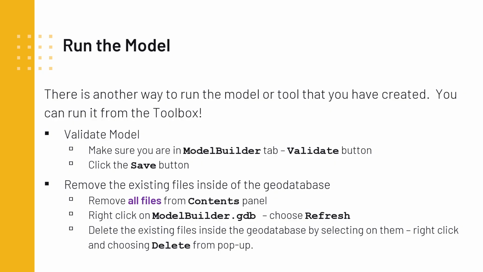Then delete those existing files inside of the geodatabase by selecting them, right-clicking, and choosing delete in the pop-up. It's really important that you do remove the data in the contents panel before the catalog pane, otherwise you can crash your system.